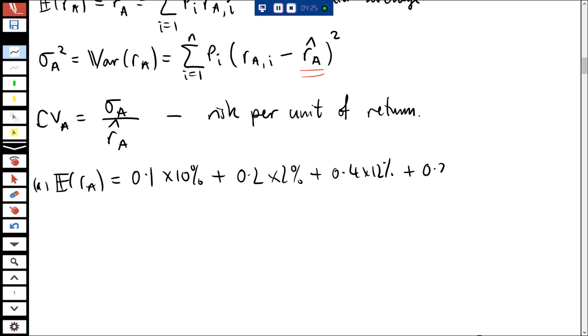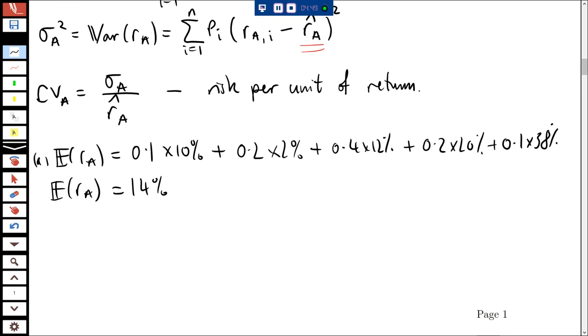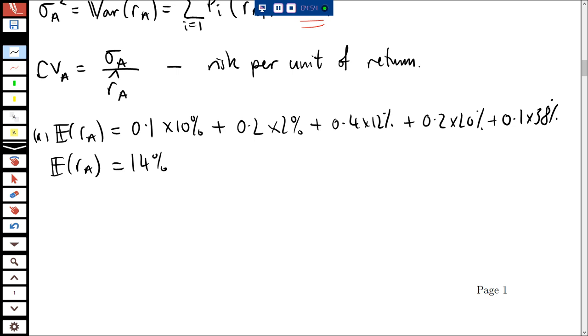There should be 5 different terms. Pop them into the calculator. You get 14%. The expected return for stock A is 14% using the probability distribution, and similarly for part B. I'm not going to write all that out, it's just a very simple calculation.